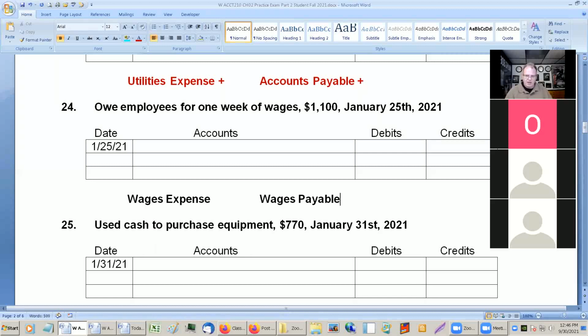Again, for the payables, if you put accounts payable, I'll take it. Wages payable is probably the more descriptive of those. But the key here is have a payable. Okay, expenses are always going up. The wages payable, is it going up or down? Do we owe more or less? More, so up.